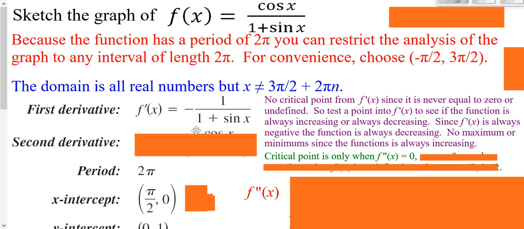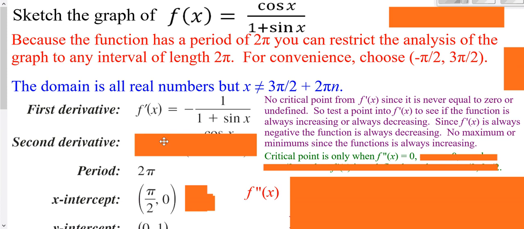We don't have to be concerned about the bottom being equal to 0, because it's only 0 at the endpoints of our domain that we're graphing. So it's always negative, so we have no critical points. So, oh, I think this is wrong. It's always negative, so therefore it's always decreasing, not increasing.